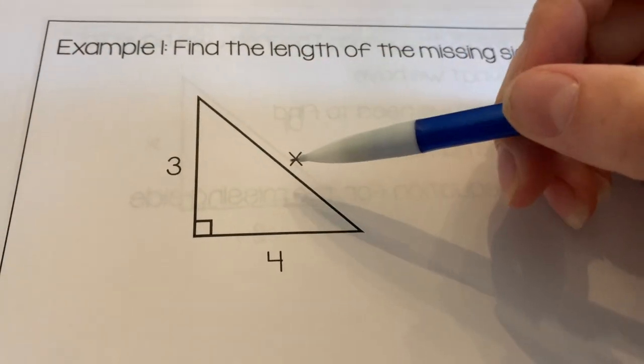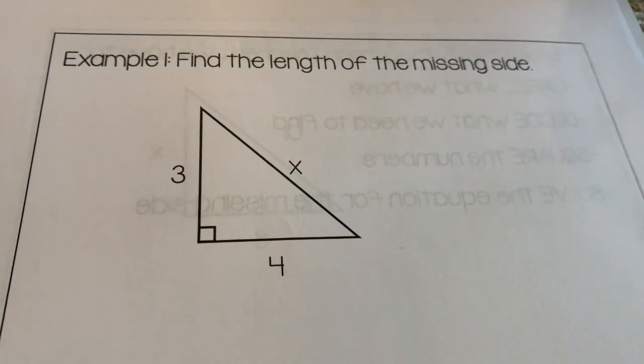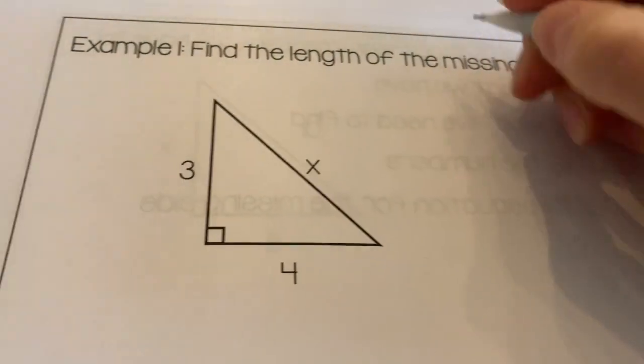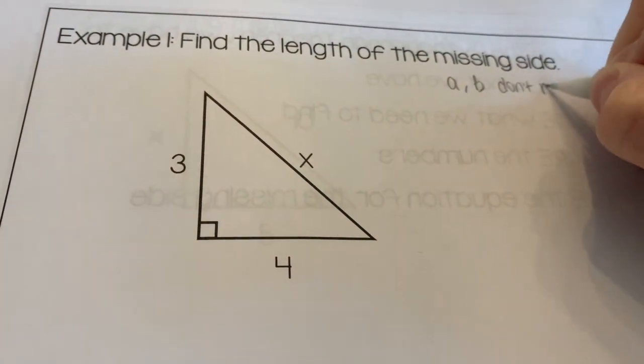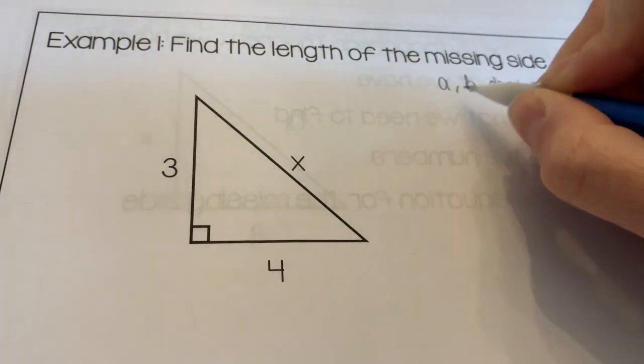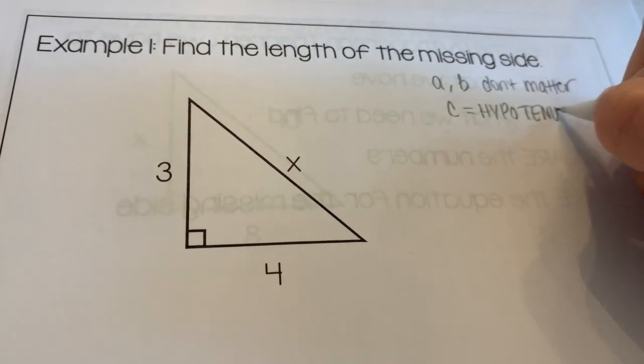What we have here is a right triangle, and the first thing you want to do is label A, B, and C. A and B don't matter in terms of which one is which. C is the only one that matters. It has to be the hypotenuse.